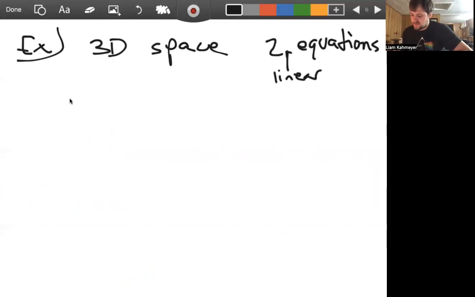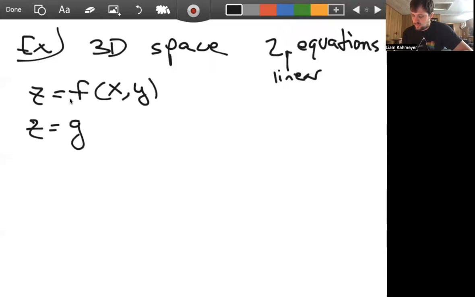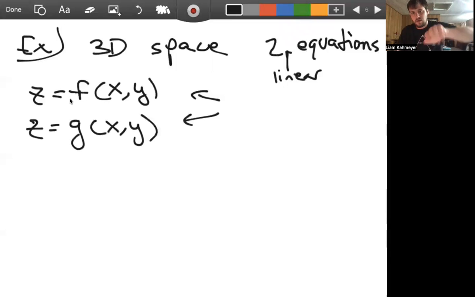In 3D space, we have multivariable functions expressed as z equals f of x, y, and these will be planes. So if you have 2 planes, a linear function in 3D space is going to be a plane.